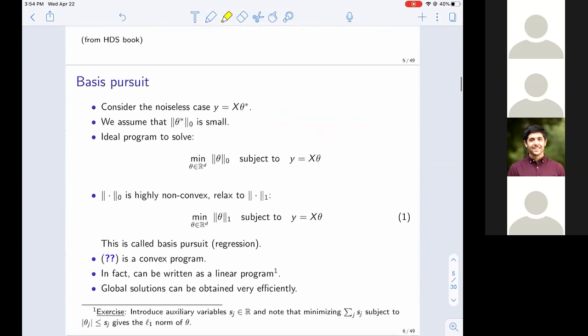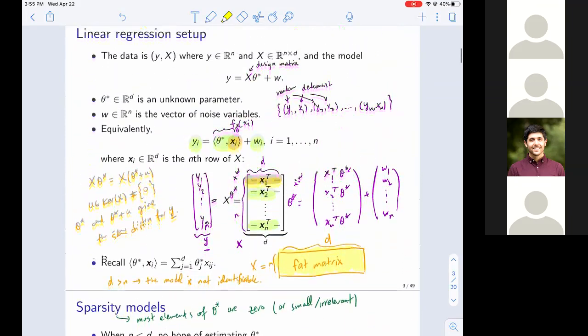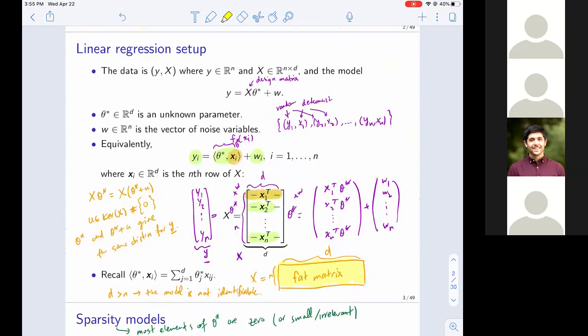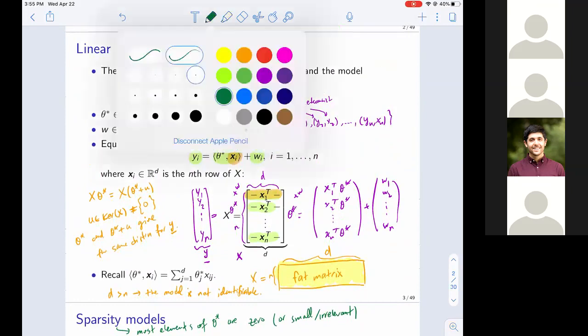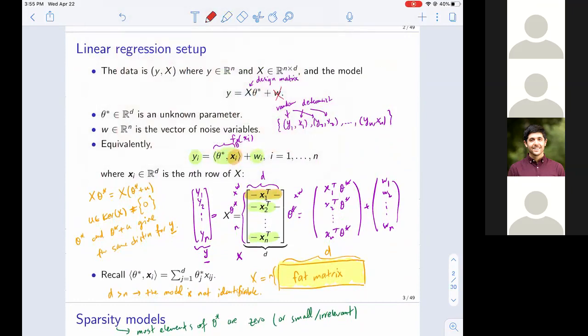The first thing I want to talk about is that classically, this problem, sparse linear regression, has been studied in the noiseless case, where you don't have this noise. It has been studied in the context that you have a linear system, and you know there is a theta star that satisfies this system.